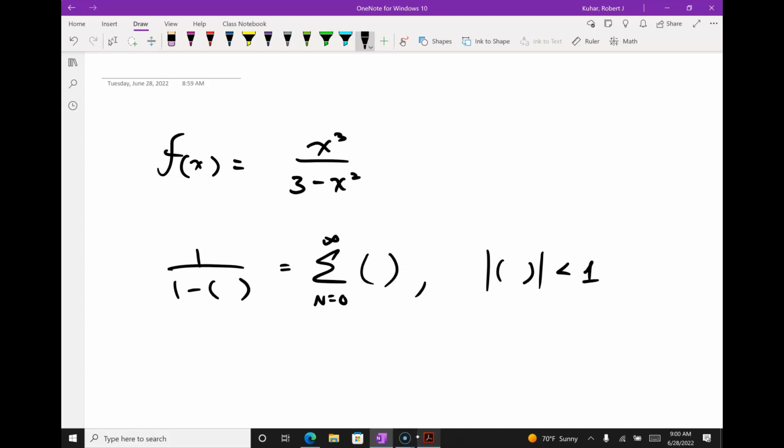So I want to manipulate this function to look like this green box, right? I can get a 1 upstairs easily by just factoring out that x cubed.